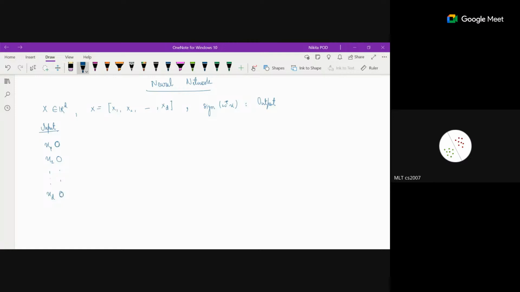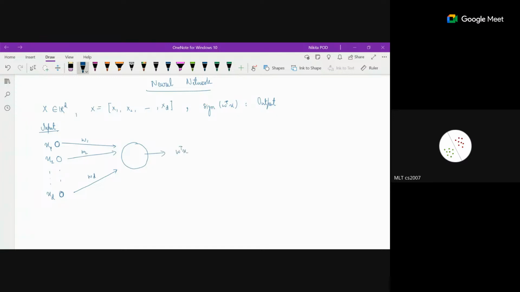Now all these are given a weight, W1, W2, and so on till WD. And then you get a final output. These were the weights associated with your data, all the features, and then you get an output, which is nothing but W transpose X.